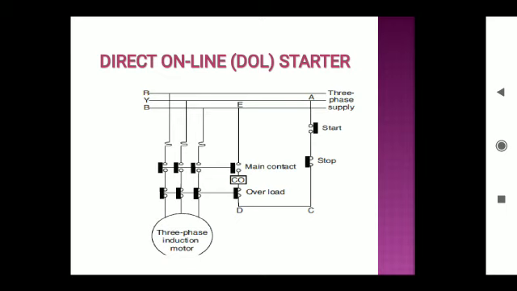On pressing the start push button, the contactor coil is energized from two line conductors, that is R and Y, or R and B, or Y and B.